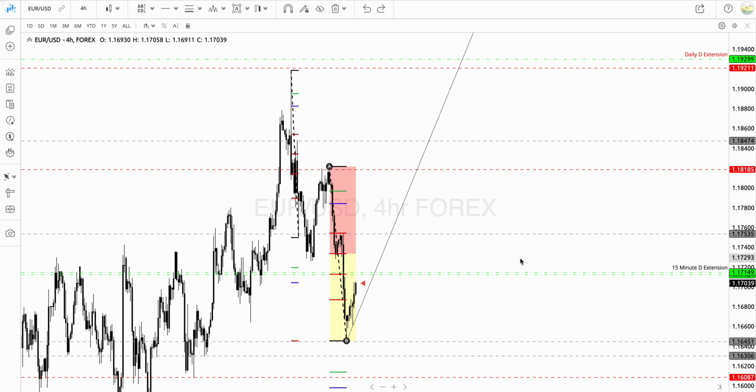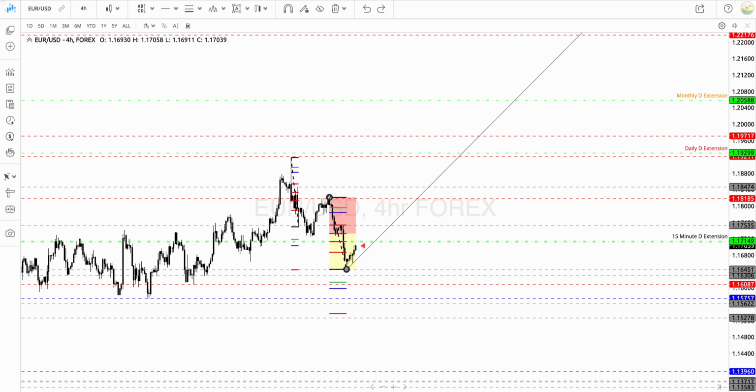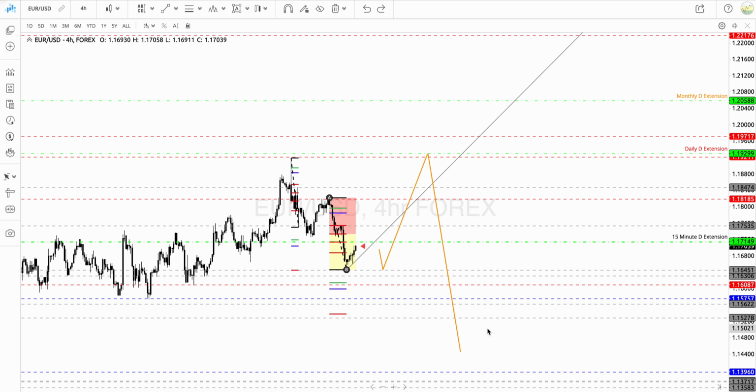So the opportunity is, if you remember, on our higher time frame, we still haven't hit the D extension to the daily upside, right? 119355. So an option could be that we see price continue to the upside and finish out that sequence and then move to the downside, right?